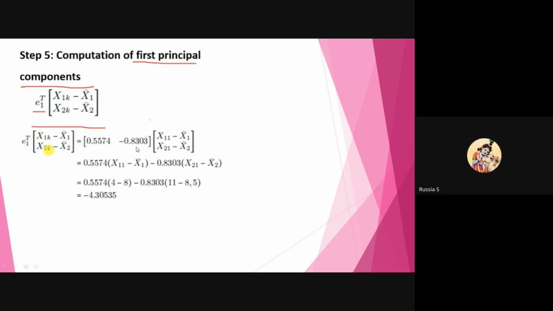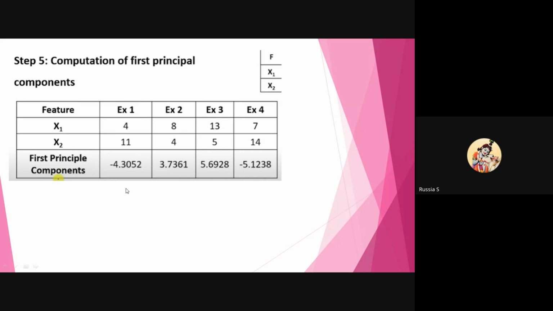This is the first eigenvector. Then this is the transposed matrix. After simplifying, this is the value, the principal component of the first features. This way we calculate the remaining features, the first principal components for minus 4 and then 3.